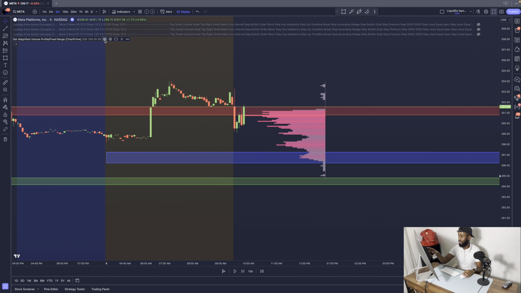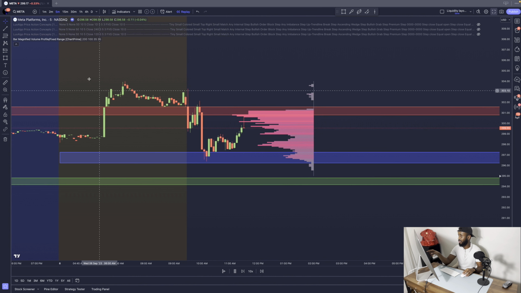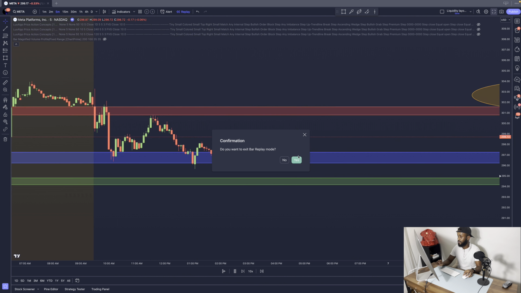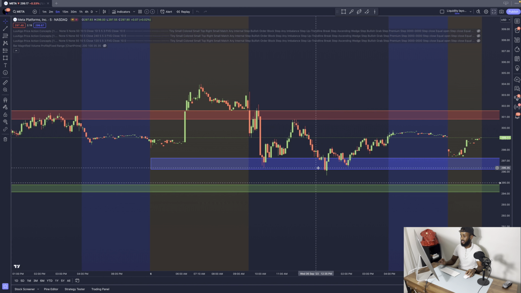I was looking at volume the whole time, also knowing that if we break below this high volume area, we can come back down into this zone that we've seen earlier, and that did happen. This zone eventually became an area of support, but we see how it rejected these low volume areas.